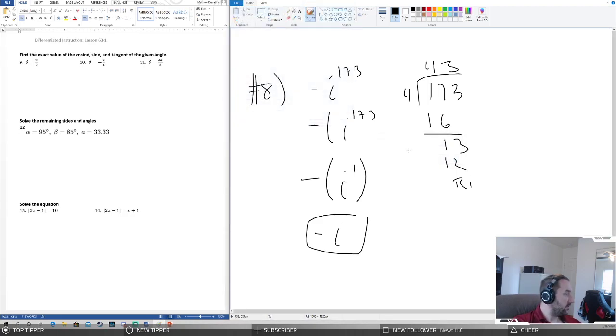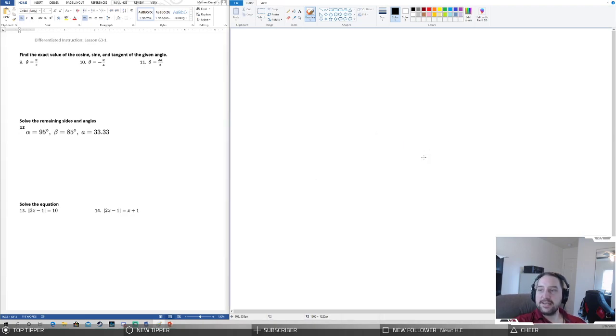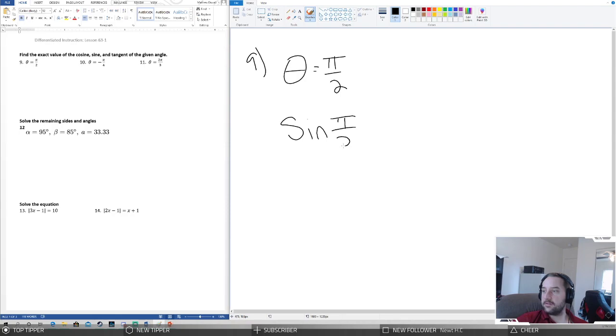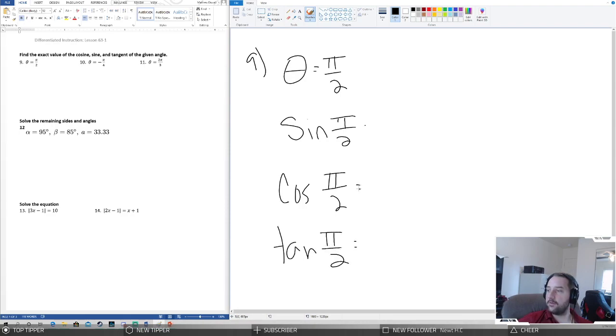Okay, any questions on those? Moving right along. It says find the exact value of cosine, sine, and tangent of the given angle. So going back to what Ivan said, unit circle. If theta equals pi over 2, that's number 9. We're now going to find the sine of pi halves, the cosine of pi halves, and the tangent of pi halves, and what those equal.